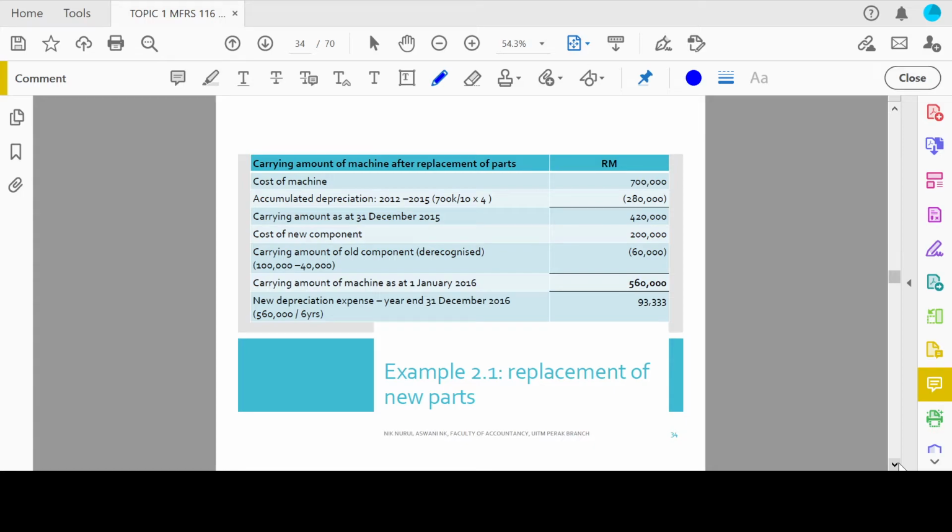When we prepare the computation, we have to take into account all the information related to the machine, starting from the initial cost of machine. The only information that we have related to the cost of machine is 700,000. This is the cost that they incurred when they purchased the machine on 1st January 2012.